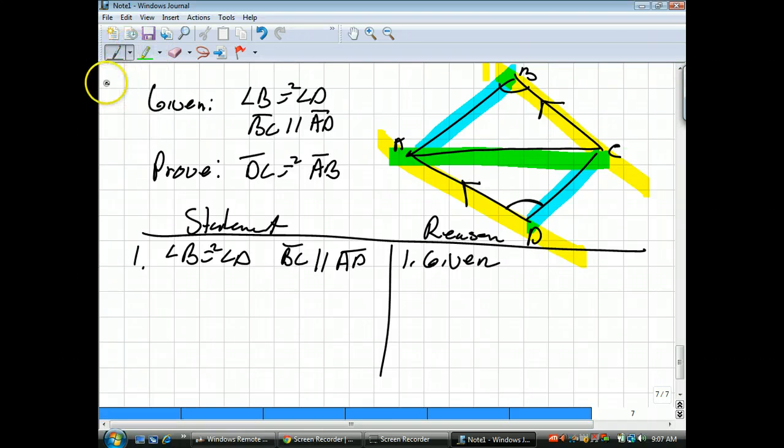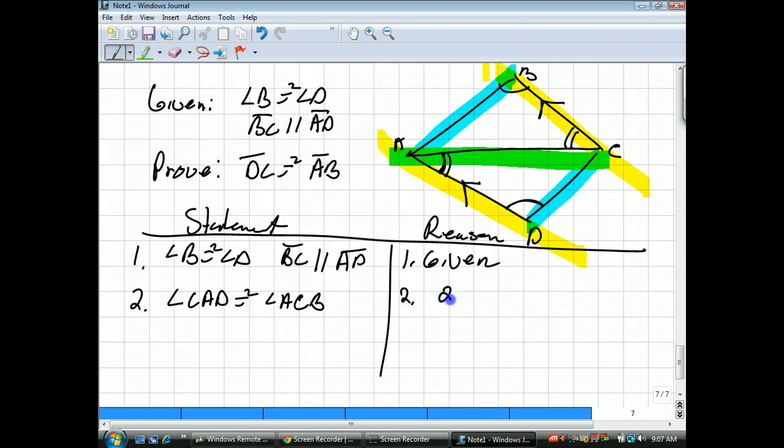So that means that angle CAD, which would be this angle, and angle ACB, which would be that angle, have to be congruent. So I can say angle CAD is congruent to angle ACB.